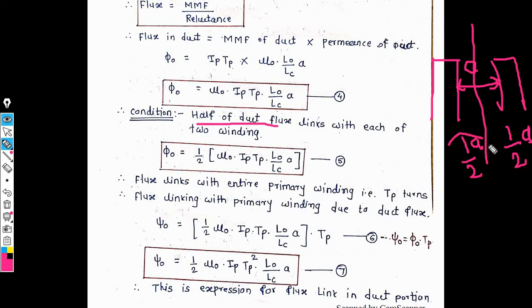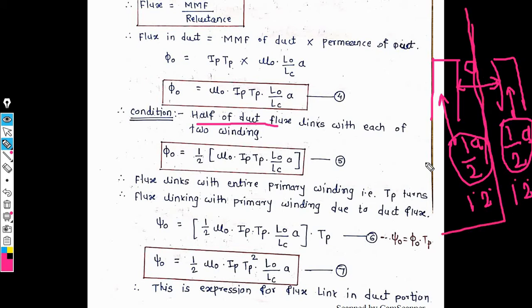That means this half section is linked with the primary winding and secondary winding, and this half portion is linked with primary and secondary winding as well. Now we have to consider only one half section, because this half section is similar to the other half section.